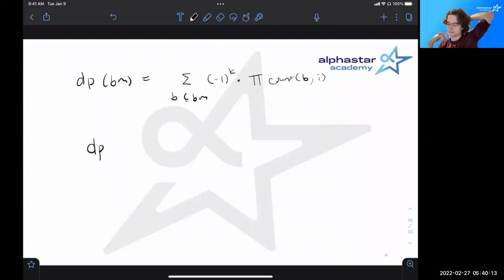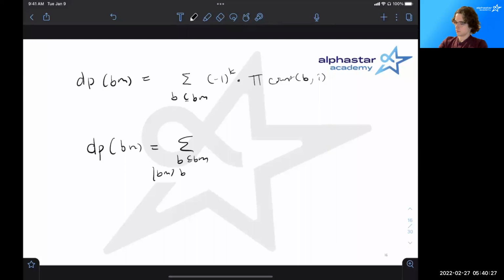Or no, I don't. Okay, B equals the sum of B and BM, where BM is size 1. So you move 1 bit, and you have the -1 on all of them. So it's either plus or minus, and this times the sum of the counts of BI. So in this case, does this work or something? I don't know.